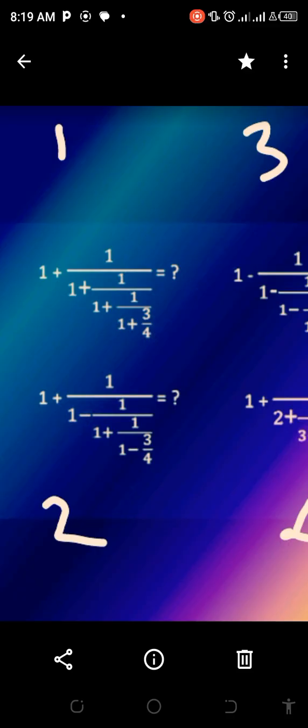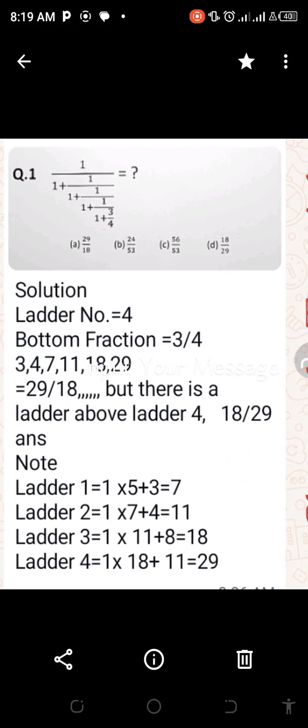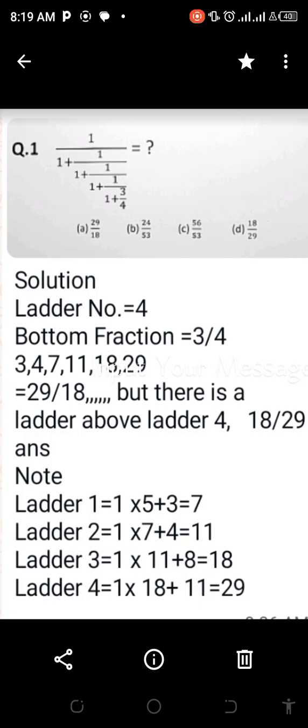So let's go back. Now, this ladder above the 4th ladder shows that whatever we get as our result, we take the reciprocal. As if we get 5 over 2, the answer will become 2 over 5. That is what that ladder above the 4th ladder shows. Now let us go and solve it.